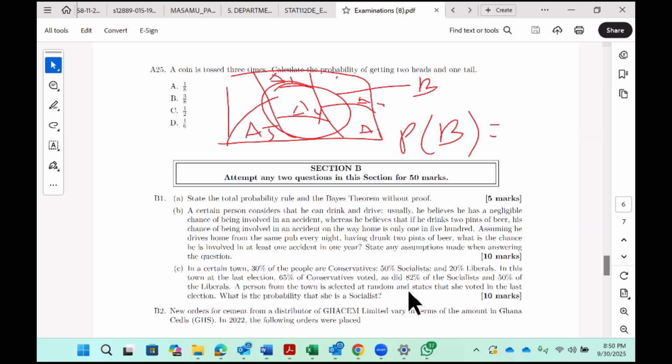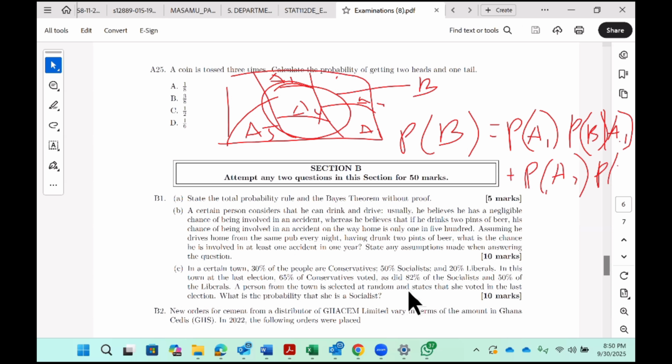So our total probability just says that the probability of B is the sum of the probability of Ai times the probability of B given Ai. So that is your total probability rule.